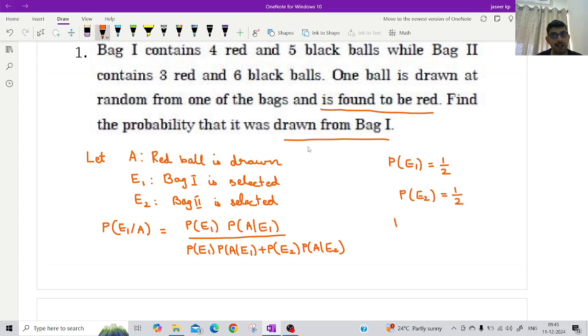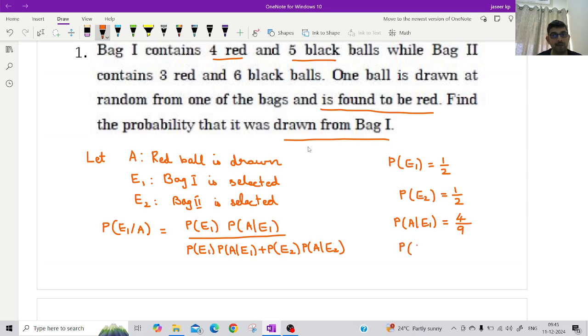Now P of A given E1. P of A given E1 means we are selecting the first bag, then we are drawing a red ball. So if you see the first bag, there are 4 red and 5 black. So 4 red balls out of 9. So the probability of getting a red ball from the first bag is 4 by 9.